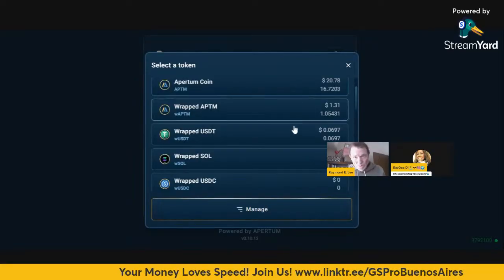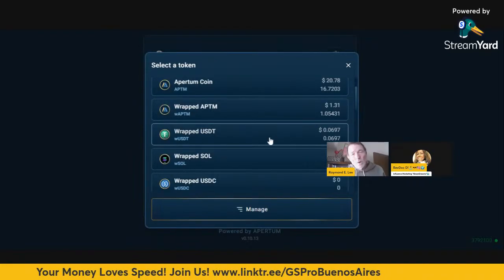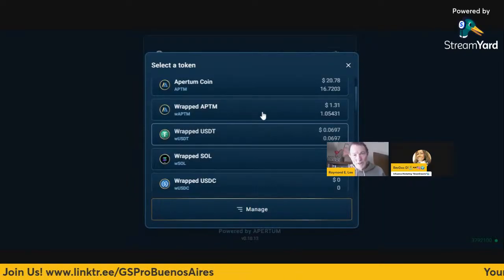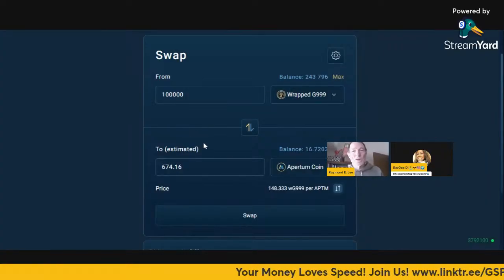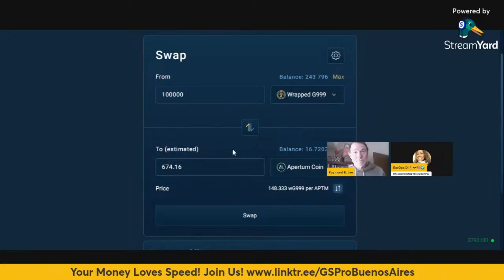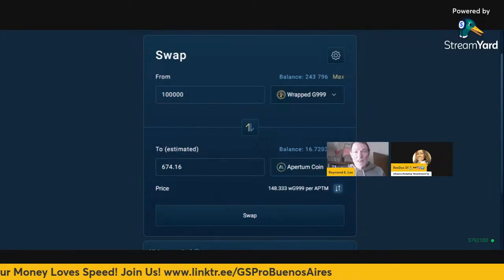I don't want to send it to wrap. What I want to do is move it into USDT. But I think to do that, I first will need to do a movement to Apertum.